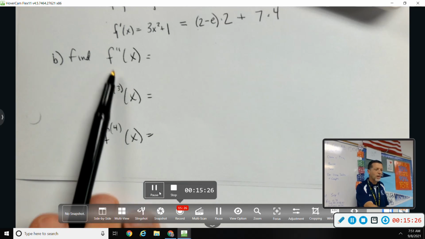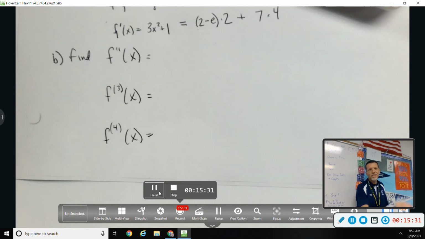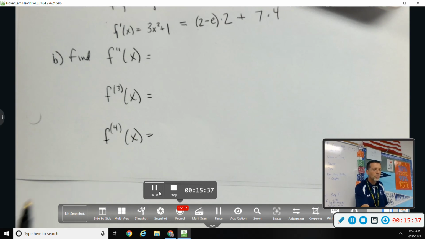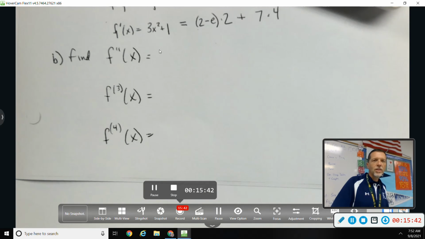So f prime prime. It gets a little tedious to make little hash marks, so we start putting numbers up there. If it's a number in parentheses, that means the 3rd derivative, the 4th derivative, and so on. So these should be pretty quick and easy because we already have the 1st derivative. I just rewrote it there.